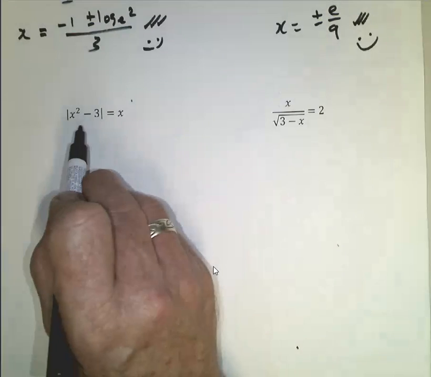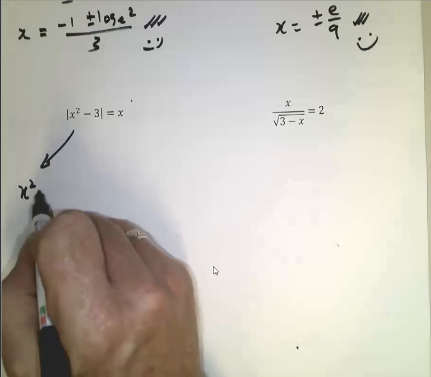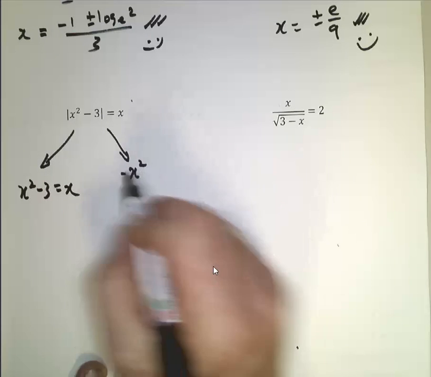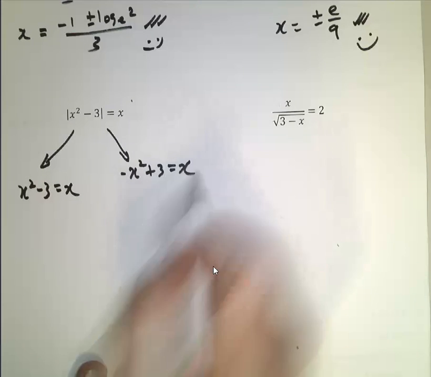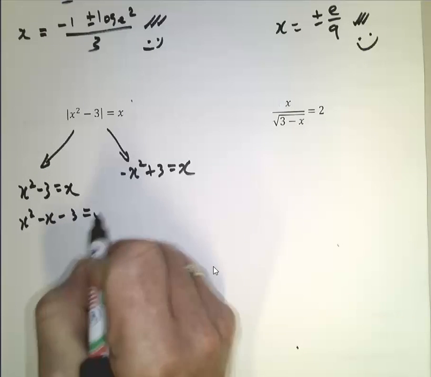The next question, I've got a modulus again. I'll either have x squared minus 3 equal x, or x squared negative plus 3 equal x. X squared minus x minus 3 equals 0.